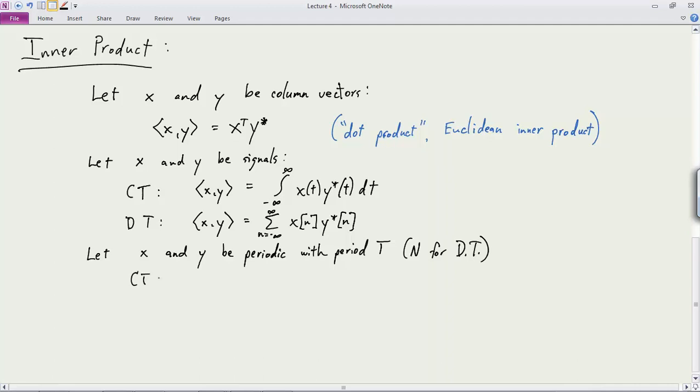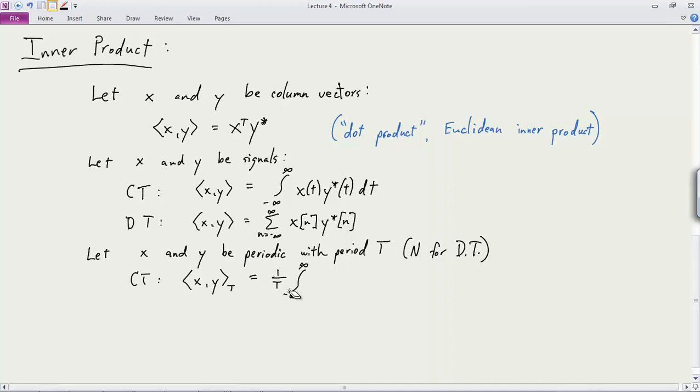Then the inner product, and here we'll put the period next to it to show this is a different inner product than the one I defined above. Here you just integrate over one period and you divide by T. So it's like an average type of thing.